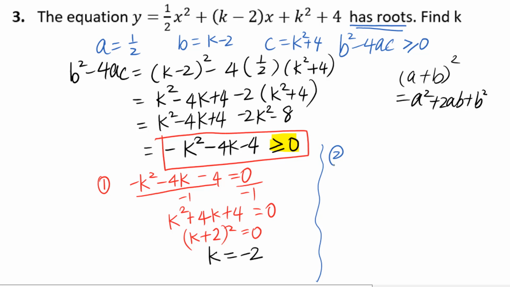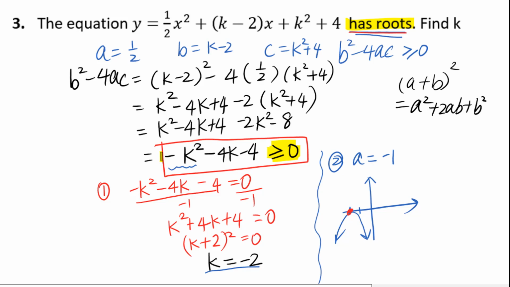Then the second step, sketch the graph. We know a equals negative 1 from here. The graph opens down. Since we only have one solution, k equals negative 2, the graph will only touch the x-axis once. The graph will be like this. Since we are solving negative k squared minus 4k minus 4 greater than or equal to 0, we are looking for the graph above or on the x-axis.